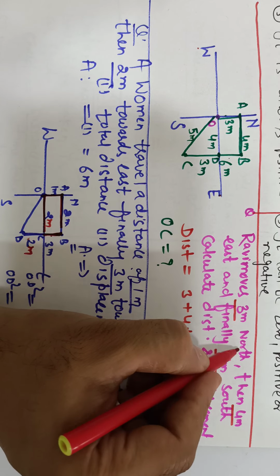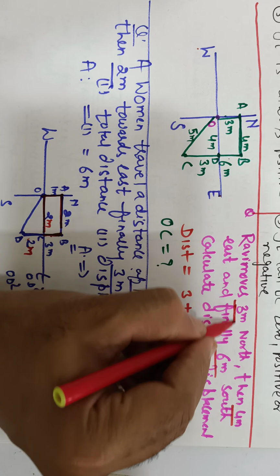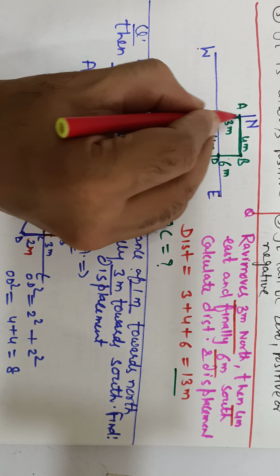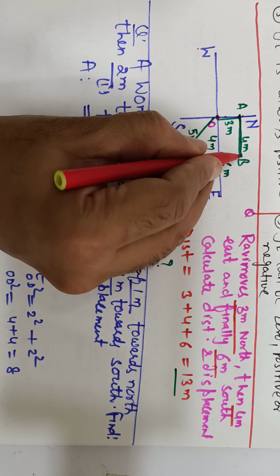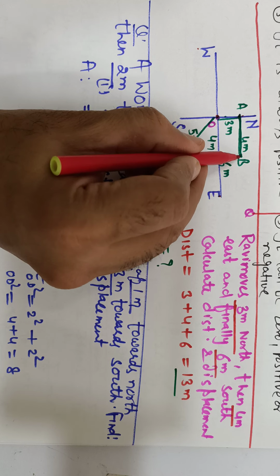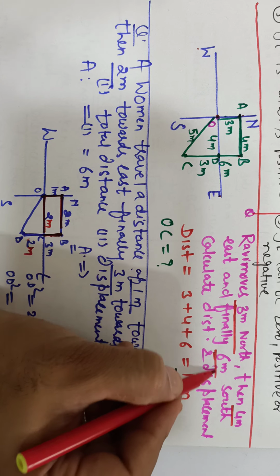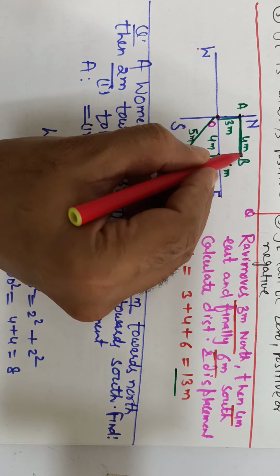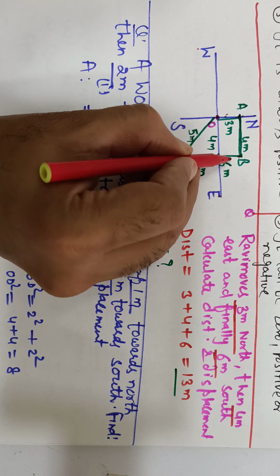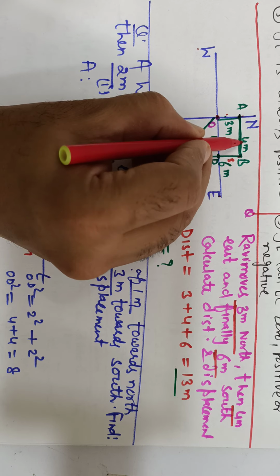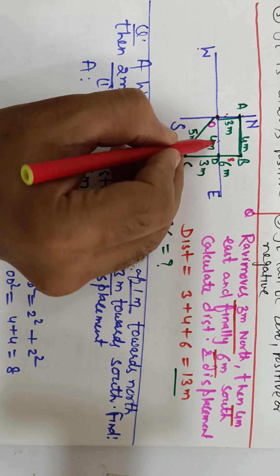From the origin, 3 meter north, 4 meter towards east, then 6 meter south. If this distance is 3, this will be 3. If this is 4, then this will be 4.